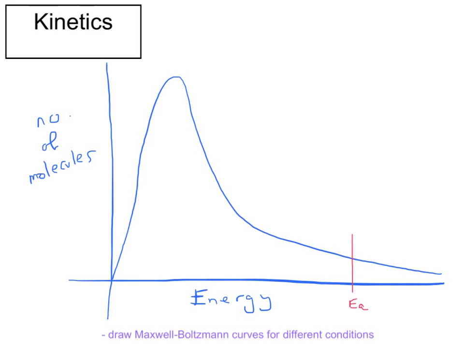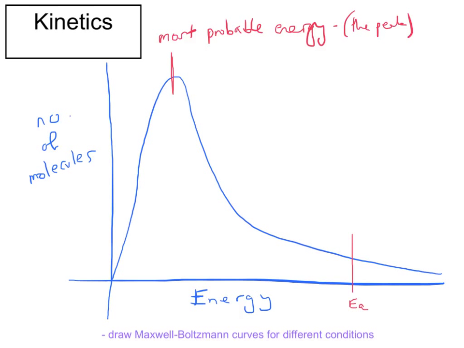There's a couple of points on here. Firstly, you've got the most probable energy and the average energy, or the mean energy. Now the most probable energy is here. It's the peak. So that is the peak of the graph.